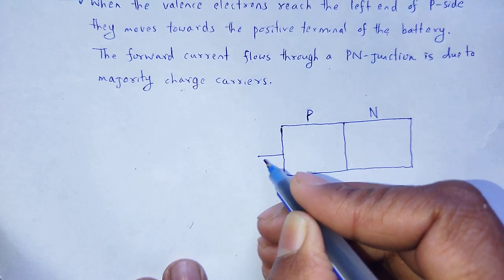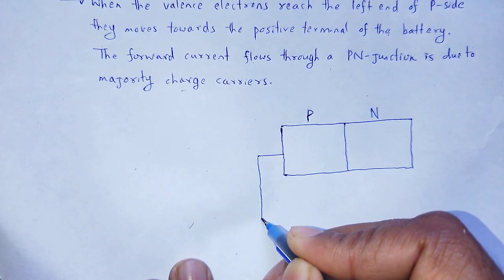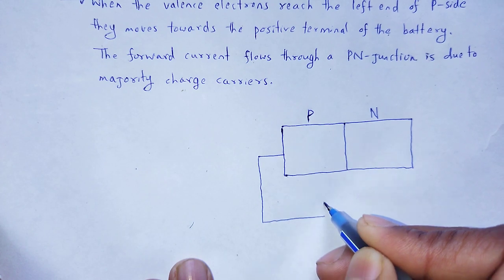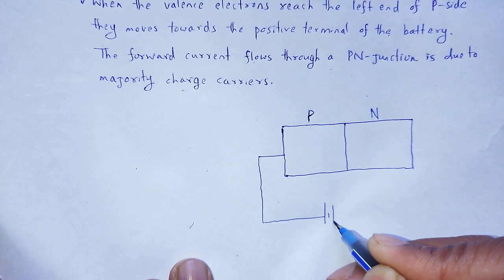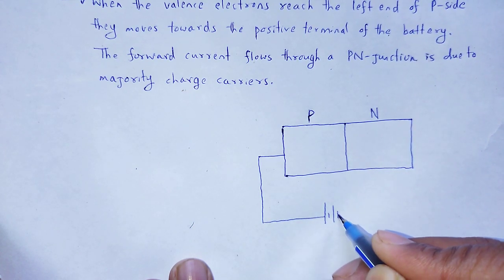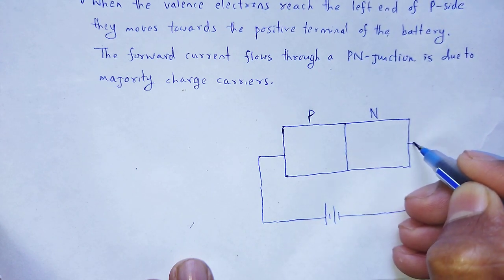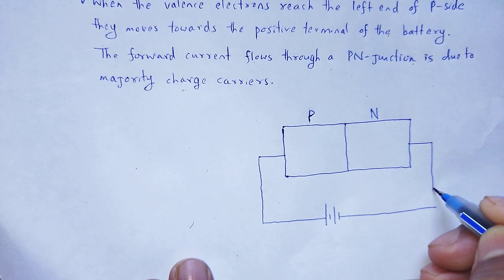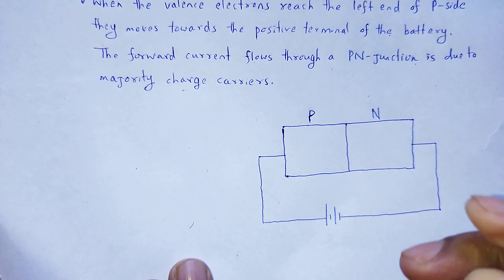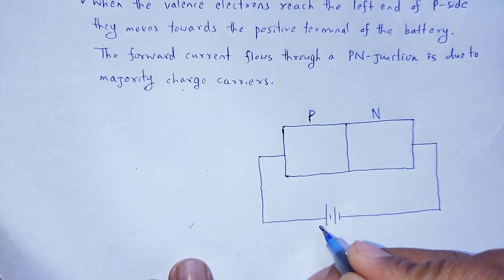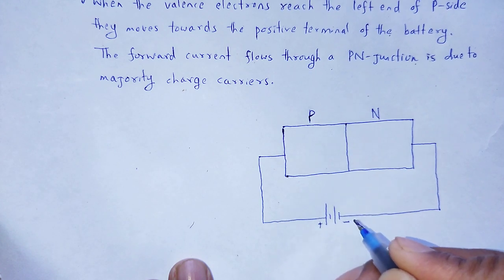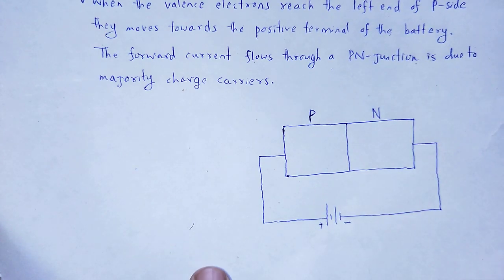If that P type is connected to the positive terminal and N type is connected to the negative terminal of the battery, then that type of biasing is known as forward biased.